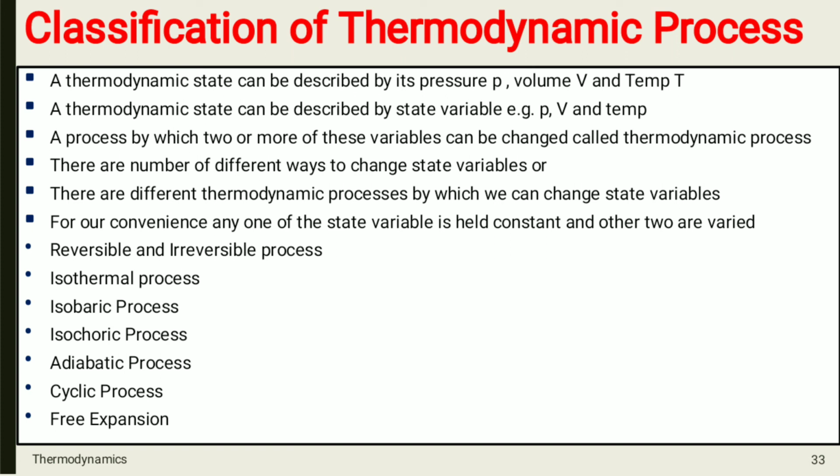A thermodynamic state can be described by variables, for example pressure, volume, temperature, mass, which you have already studied. The process by which two or more of these variables can be changed is called a thermodynamic process. In thermodynamic process, you have studied the process by which a system can change from initial state to the final state.